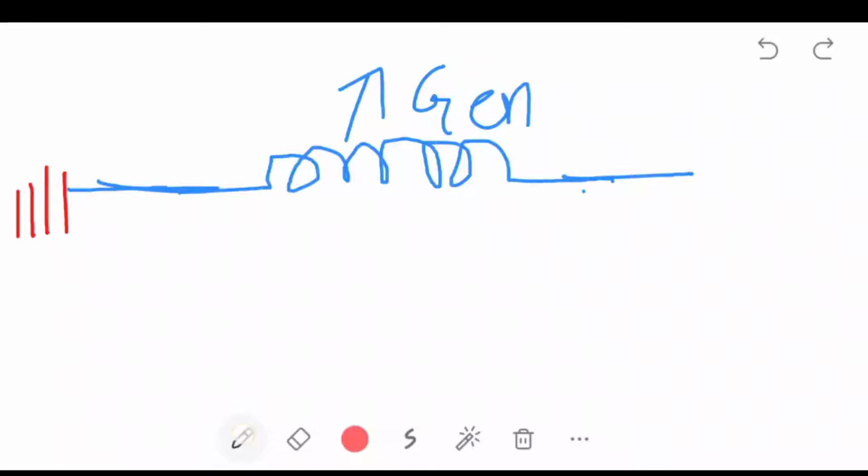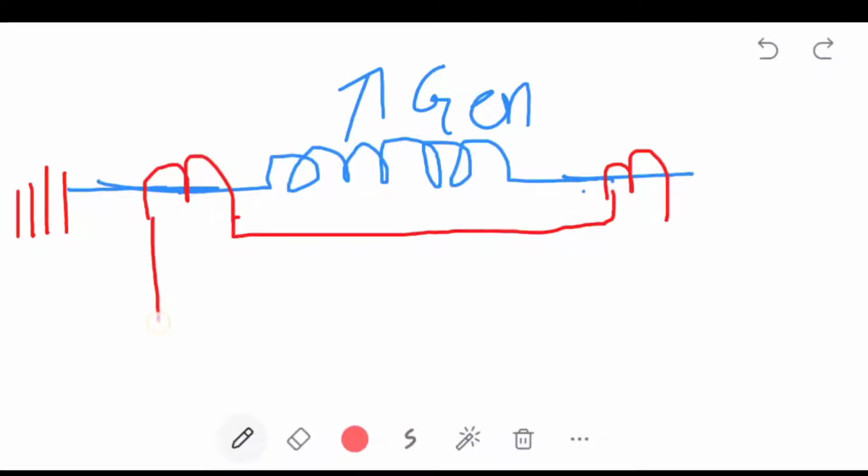Assume this is a single line diagram of a generator. A generator consists of a number of windings. We can represent the generator like this. The two current transformers are connected at the two ends, in series, like this.